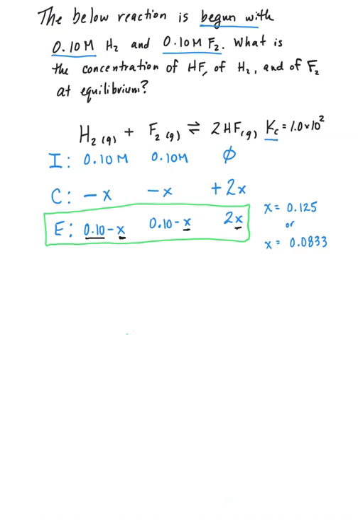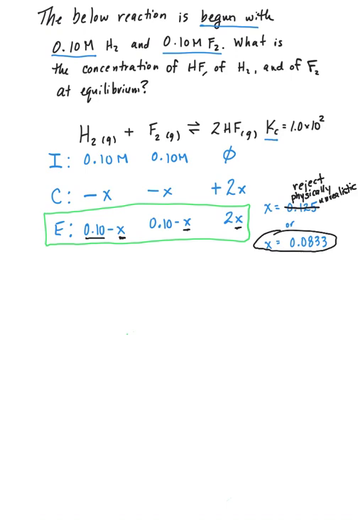What physical sense does a negative concentration have? It doesn't have any real physical meaning. Therefore, we reject this result. We reject the result 0.125 because it's physically unrealistic. It results in something that doesn't make any sense. The only possible valid solution to this problem is that x is equal to 0.0833.